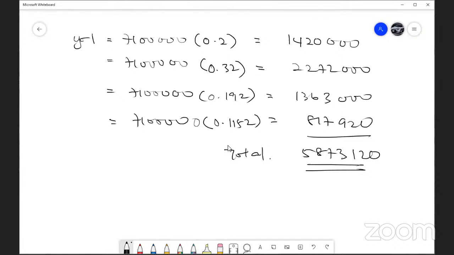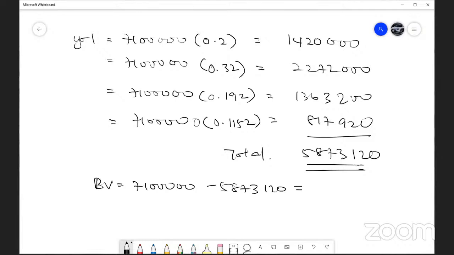Now we count the book value at year 4. Take 7.1 million minus 5,873,120. Let me double check the total. Yes, it's correct, 5,873,120.